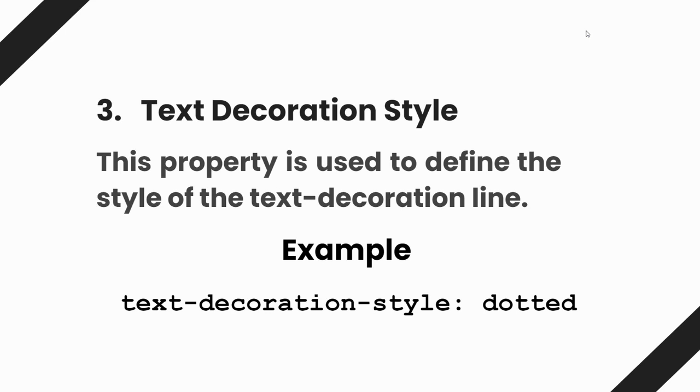It's almost similar to the border style, and I think they both have the same values of dashed, dotted, solid, and all of that. Probably you want a dashed line or a dotted line. With this property, all that is possible.